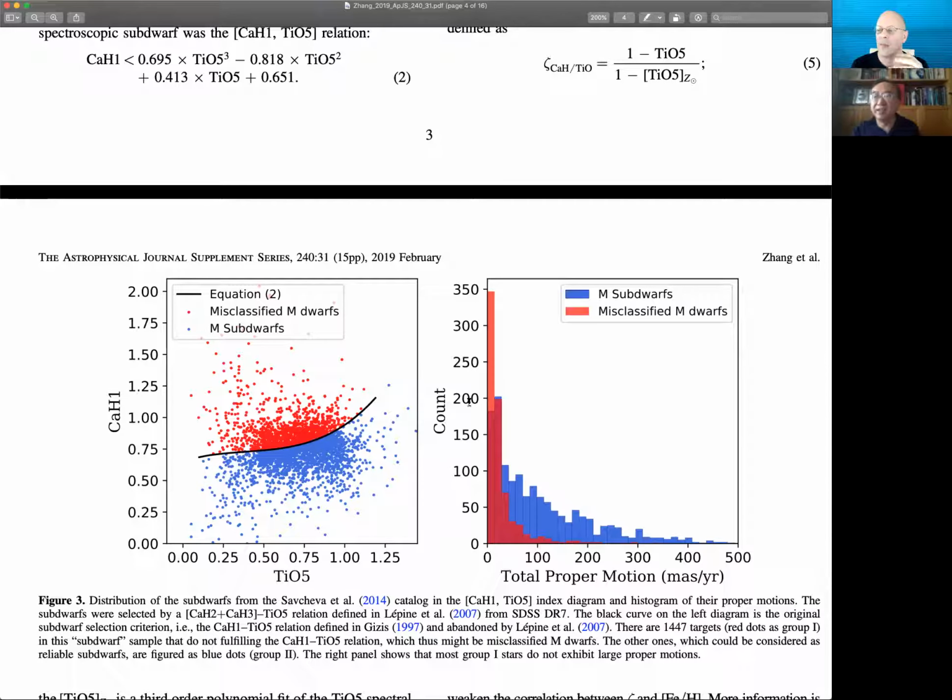So now after that we use DR4 data, just the fourth year, not the whole DR4, just 1 year data, to get the M-subdwarfs by eyes.